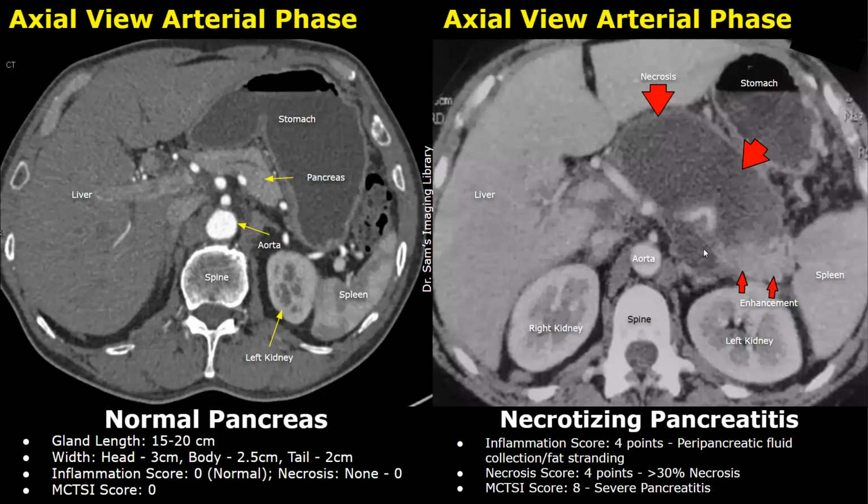The necrosis score will be 4 as well for a necrosis greater than 30%. There was no extrapancreatic complication. The MCTSI score was 8, indicating severe pancreatitis. Necrotizing pancreatitis will usually fall within the severe pancreatitis range.